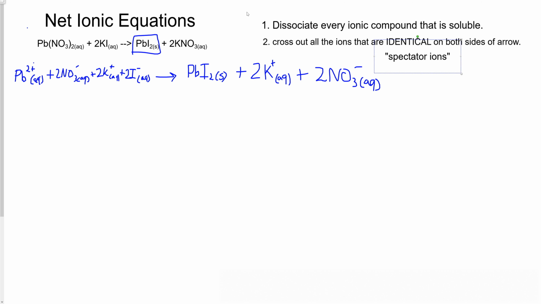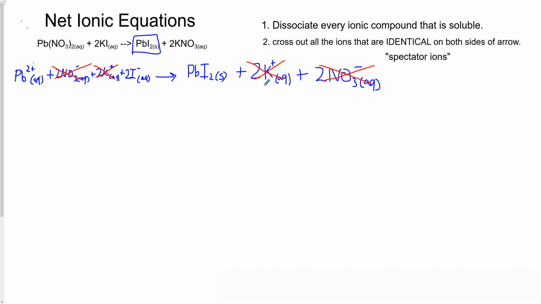They're ions that didn't do a chemical reaction. They just kind of sat there. So let's hunt for some spectator ions. Obviously, we've got two NO3s on both sides. Goodbye to you. Then I have my two K pluses on both sides.